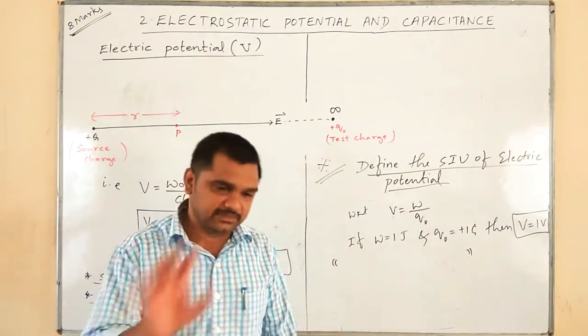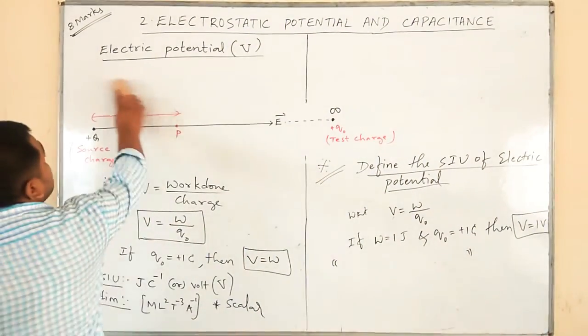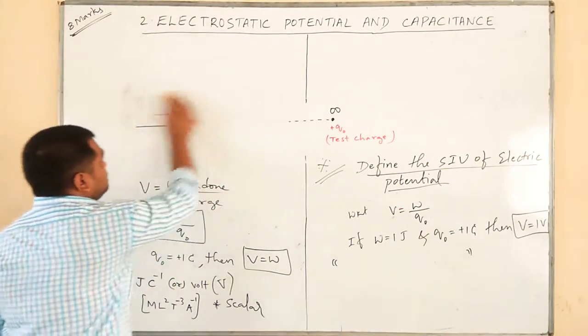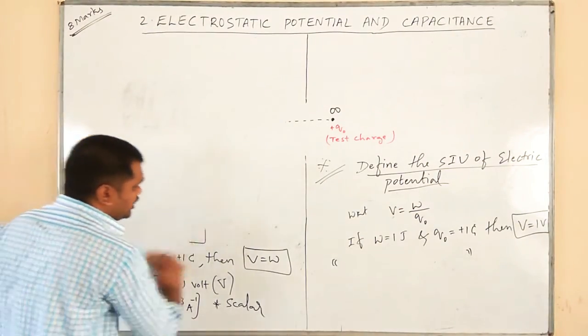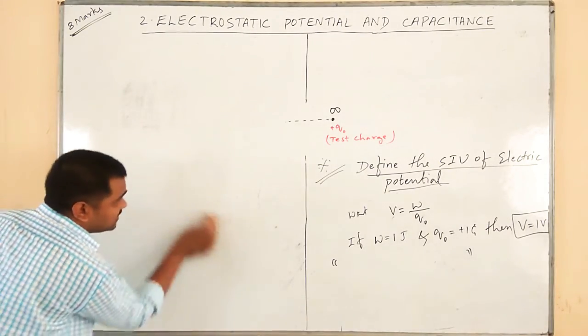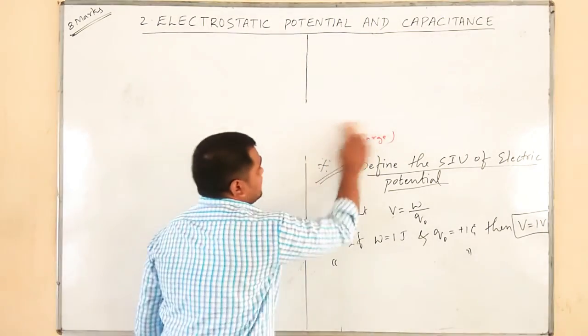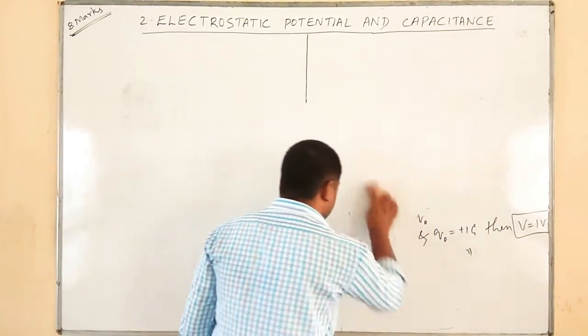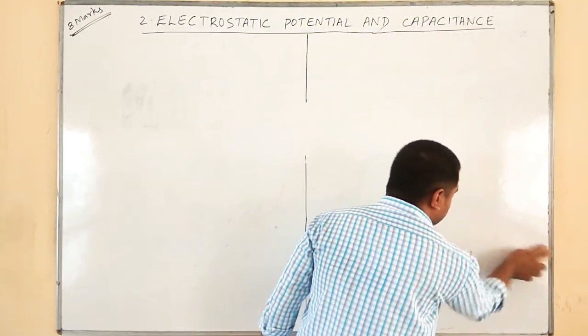Okay, now see. According to the convention, the electric potential due to a positive charge has to be taken as positive potential, and the electric potential due to a negative charge has to be taken as a negative potential.